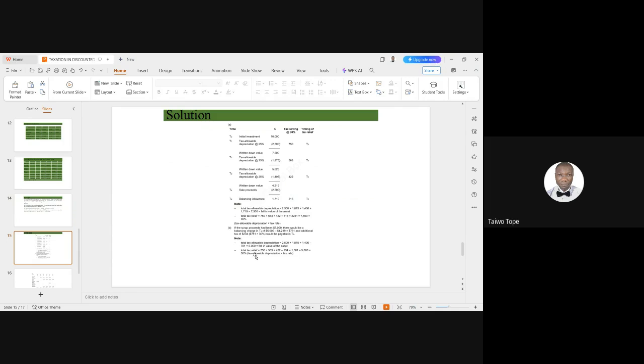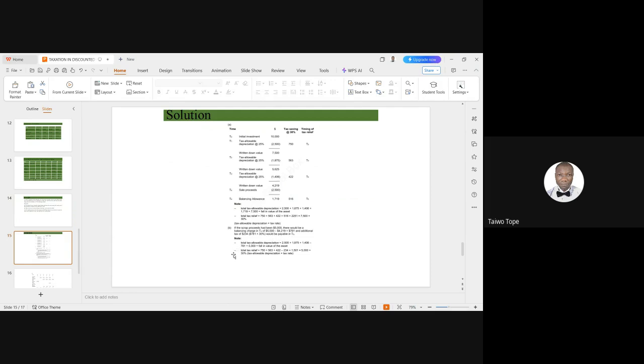Now, where the sales proceed is 5,000, at the 5th year, we're going to have a tax to be paid. That is 781. A tax relief rather. 781 in relation to 30% will be payable in year 5, T5.